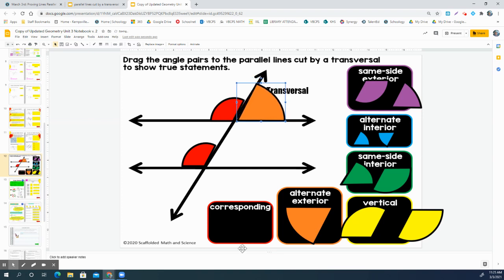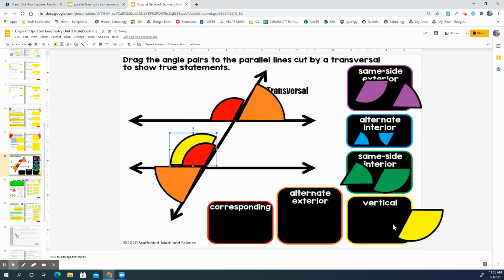So alternate exterior, are they congruent or are they supplementary? They're congruent. How do you know they're congruent? They're the same size. How about vertical angles? Are they congruent or are they supplementary? I see in the chat, it says congruent.